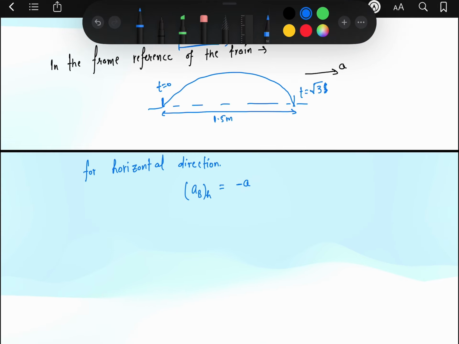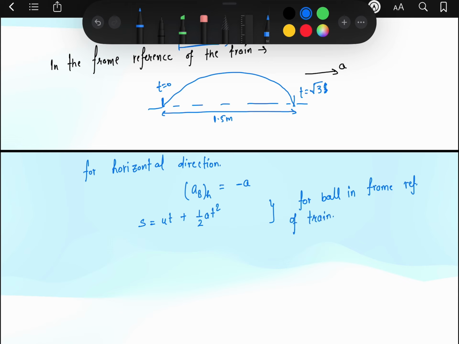So I can use the second equation of motion, s is equal to ut plus half at square. This is the equation I am using for the ball in the frame of reference of the train.